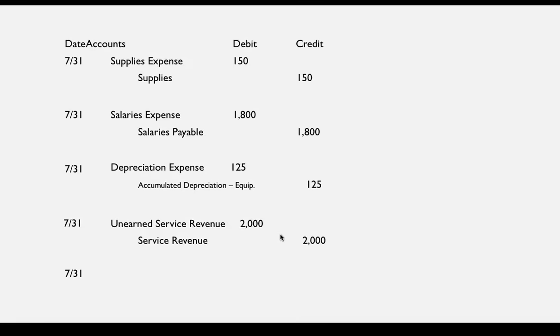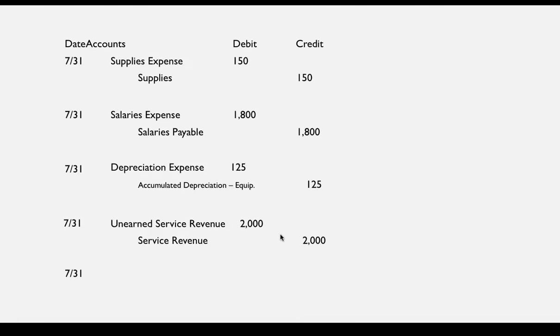Now this last adjusting entry says 1 month of the 6-month rental agreement has expired. Right? So back on July 1st, the second journal entry that we did today, we signed an office space rental agreement and we paid $6,000 for 6 months of rent. Well, July has now run up, so we've used 1 month of this rental agreement. So we have to show that we have less prepaid rent now.